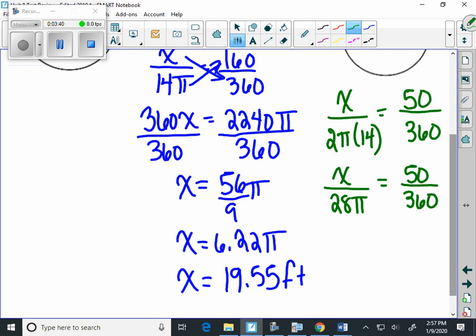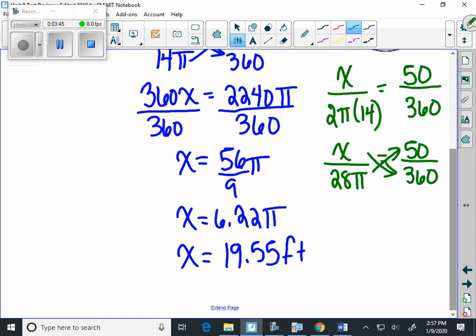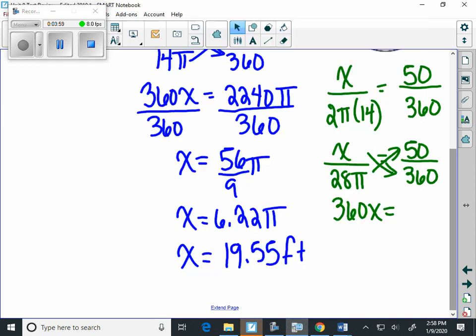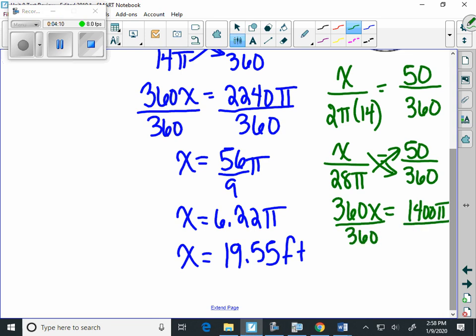And we're going to cross multiply. This one's this, this one's this. We get 360x equals 28 times 50, which is 1400 pi. And then we can divide both sides by 360. I'll leave the answer in terms of pi.